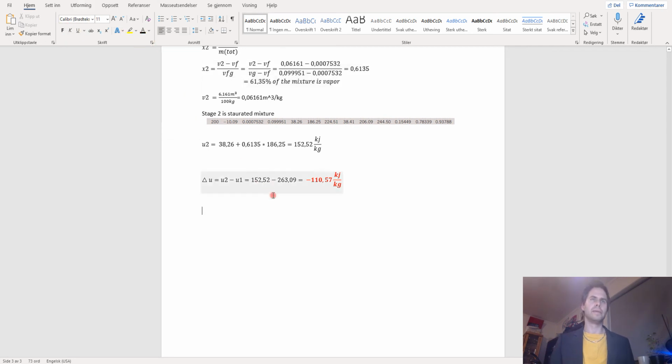Yeah, it means that the internal energy has been reduced by 110.57 kilojoule per kilo. And so that is the answer on this.